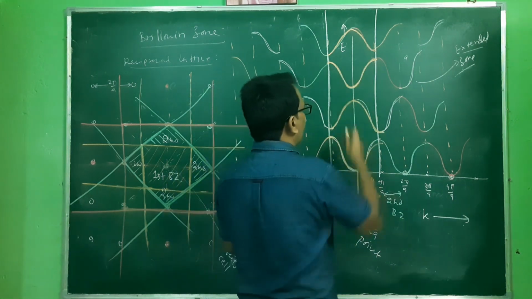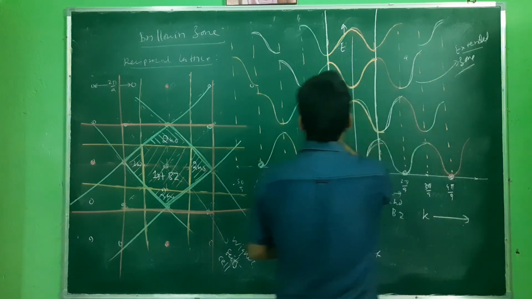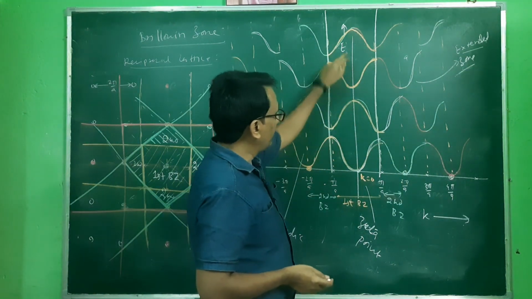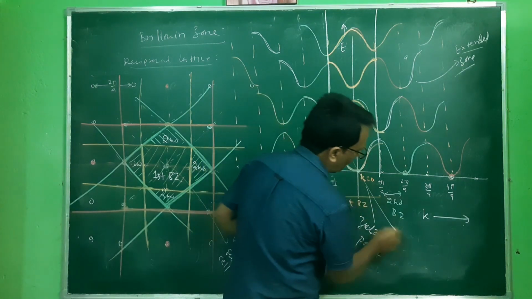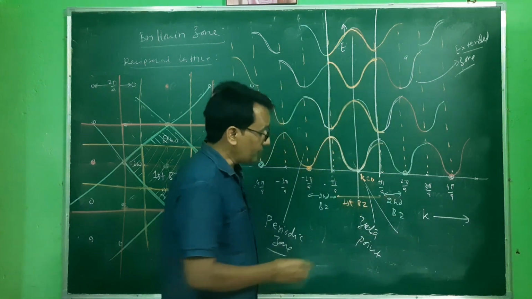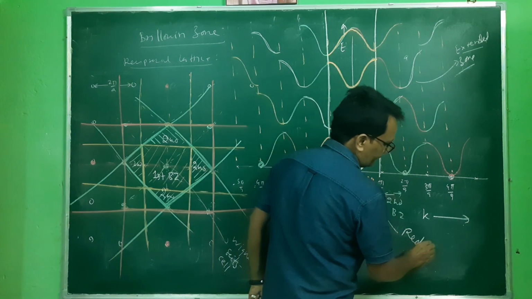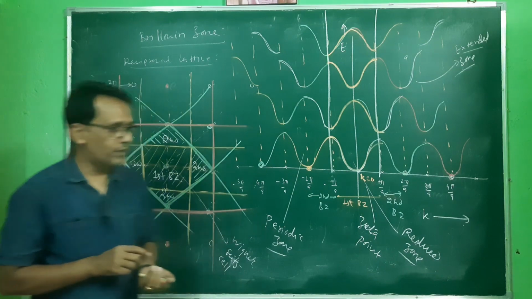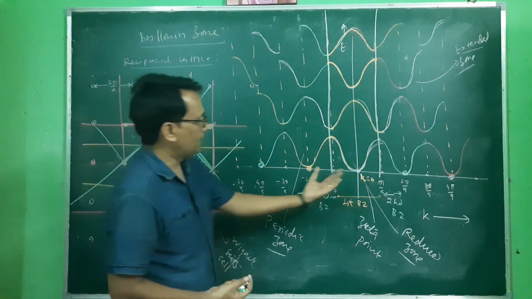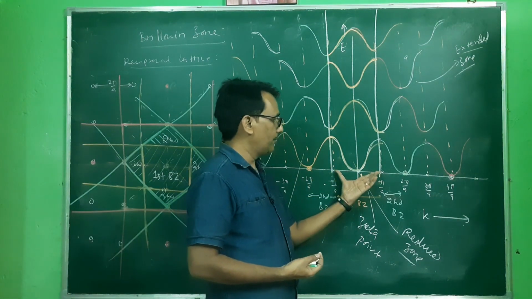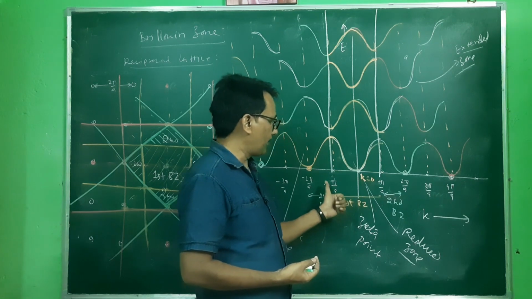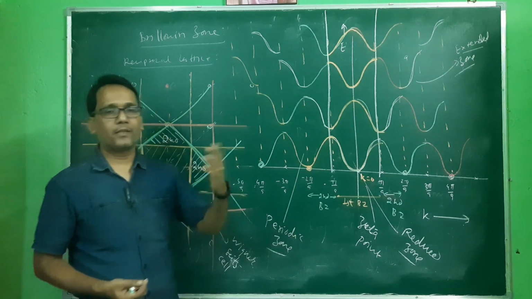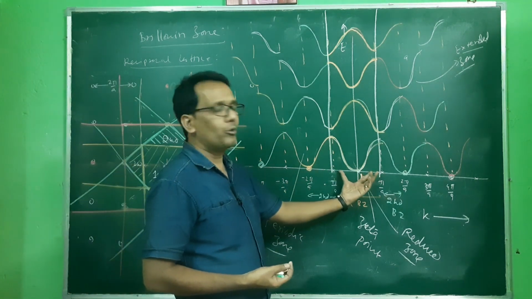When we eliminate all the other points in the periodic zone and concentrate on this region, then this is known as the reduced zone. So remember this in different books. If someone shows a simple diagram from minus pi by a to plus pi by a, then from the semiconductor device point of view, this reduced zone is the only important one.